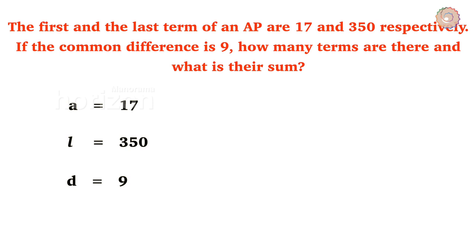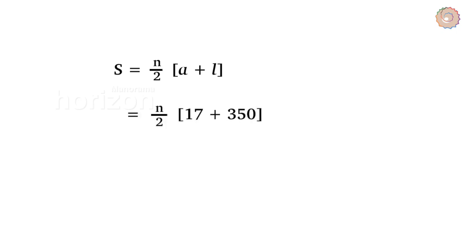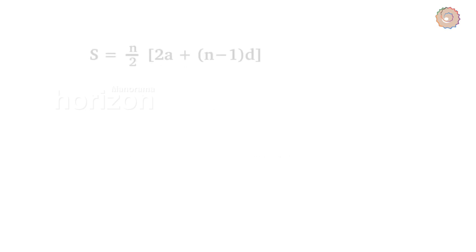Since we know the last term, we can use the formula S is equal to n by 2 into a plus L. Substituting the values, n by 2 into 17 plus 350, and we get 367 into n by 2. Mark it as equation number 1. Also, as per the other formula, S is equal to n by 2 into 2a plus n minus 1 into d.